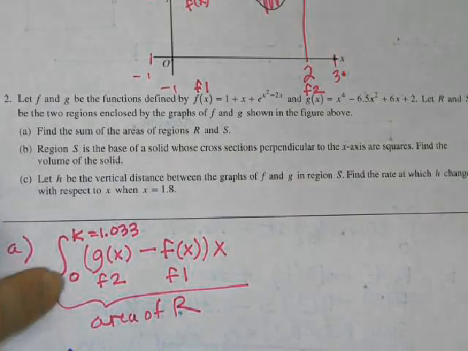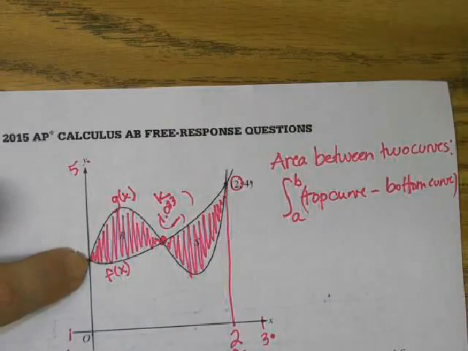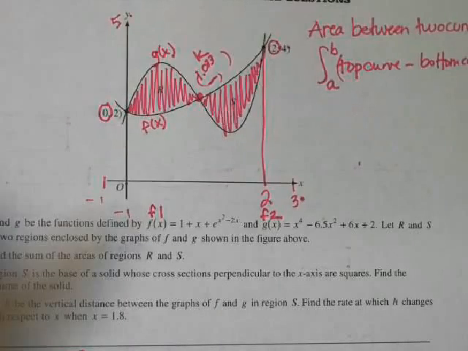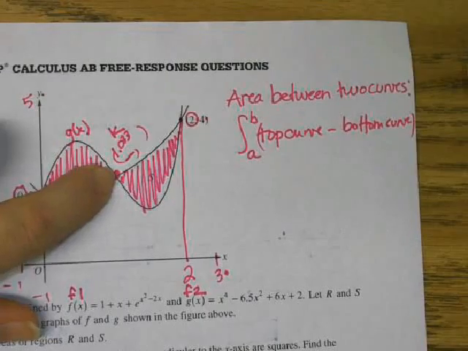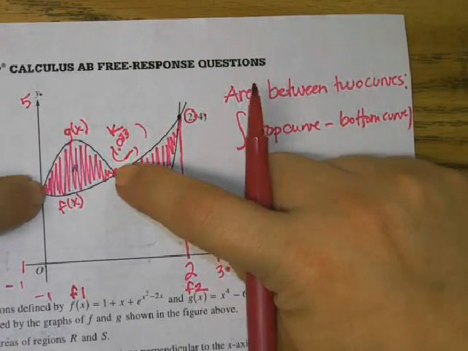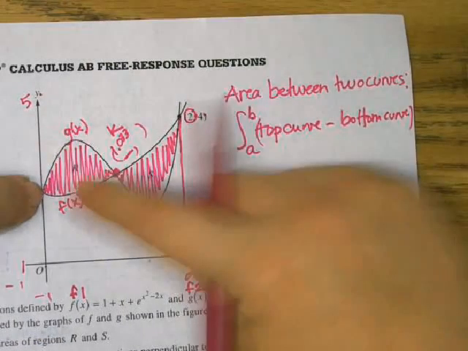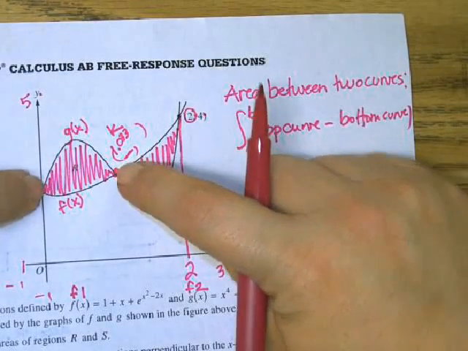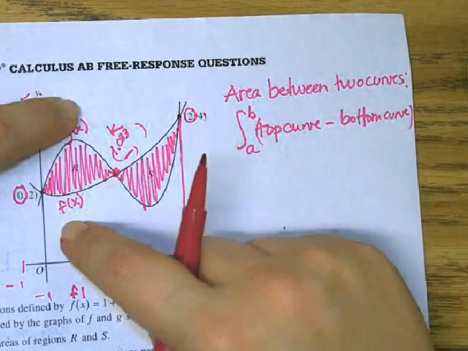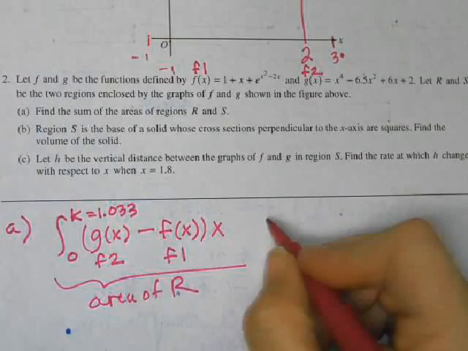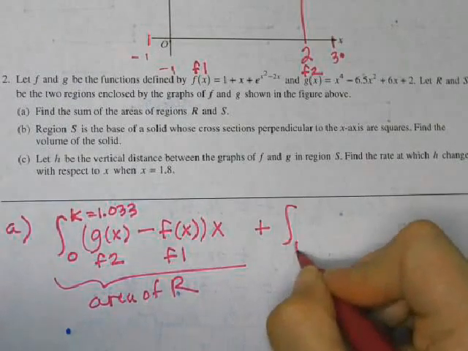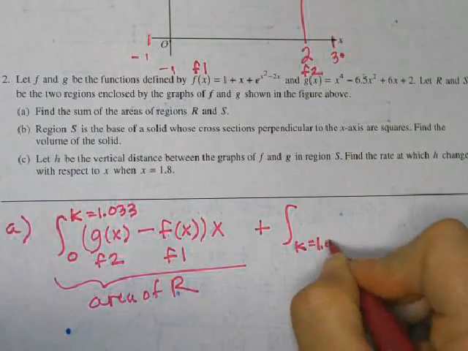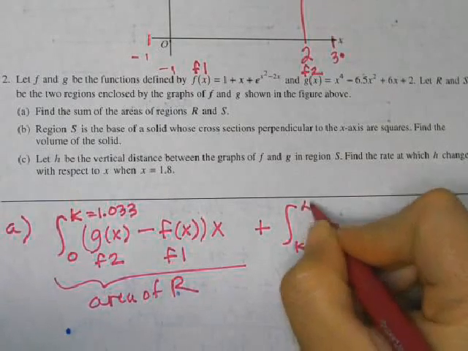So I'm going to go to my calculator screen. And I'm going to type in menu 4.2, or you can use a template, 0 to K of F2 of X minus F1 of X dx. You can just type in, or you can press the bar button right above number 9.